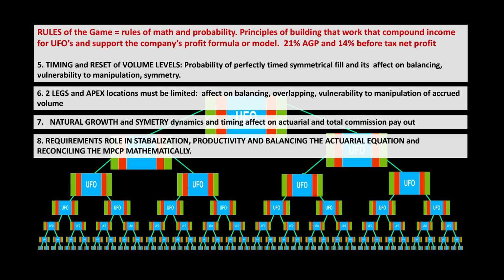So the requirements have a role in stabilization. They work as much for you as a UFO to make money. The productivity and the balancing of the actuarial equation, and reconciling the MPCP mathematically, is based on requirements which balance the actuarial equation of what is the probability of so many people hitting checks over what period of time.